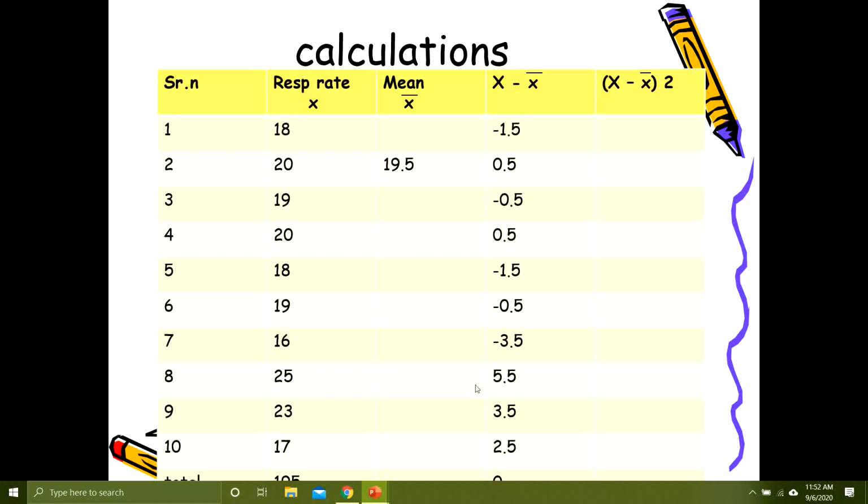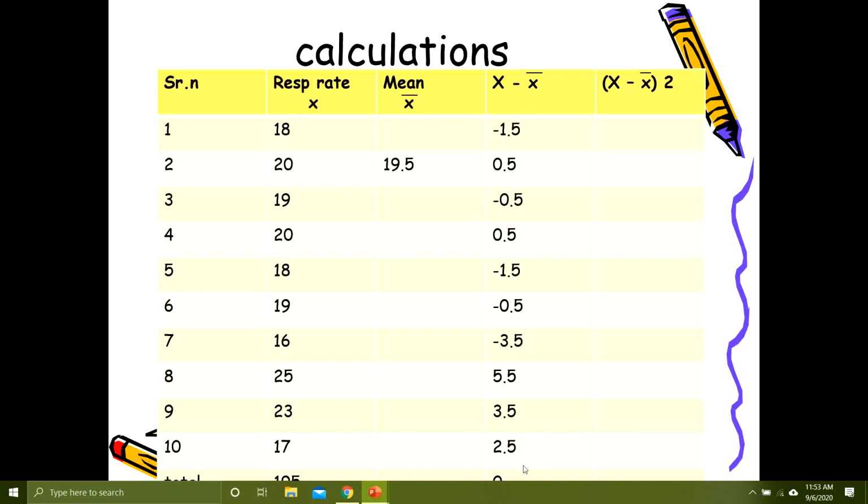So when I calculate the mean deviation, I will always end up in this column with 0, because the minus signs and the positive signs will cancel each other and the mean deviation will always be equal to 0, which is x minus x bar over n. It will always be 0. It means mean deviation will be meaningless for me.